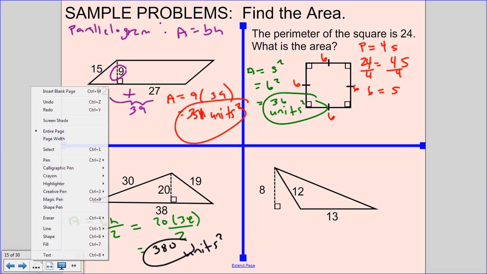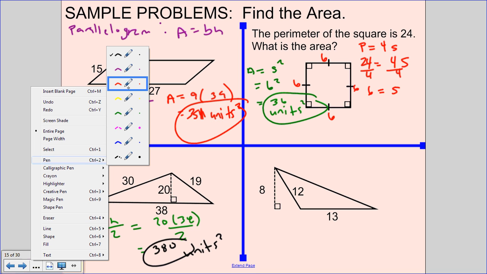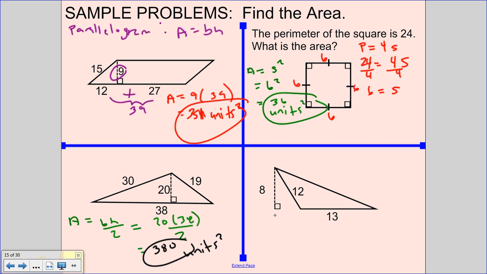Alright, so even though the height is outside of the triangle, it's still the height because if I were to extend this side, it's perpendicular with the base.